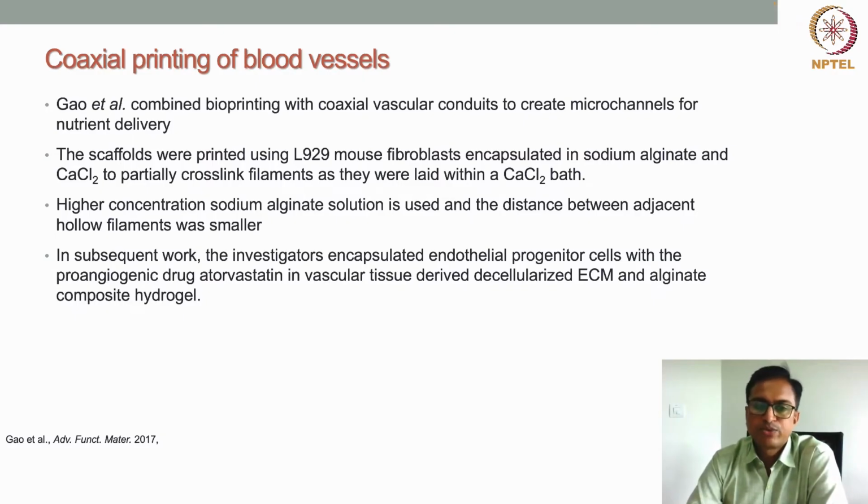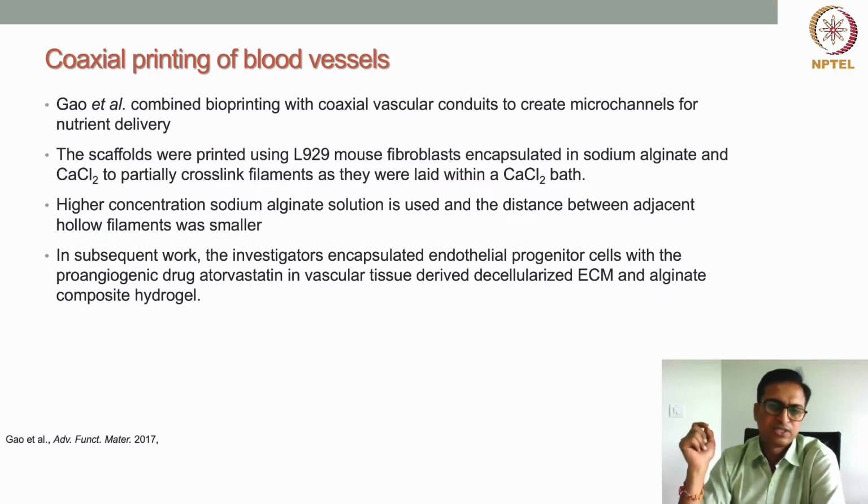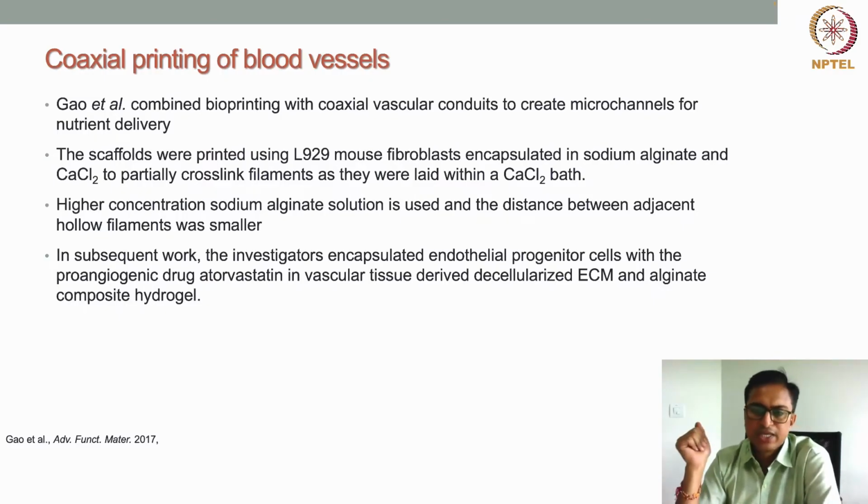In subsequent work, they also encapsulated endothelial cells, human progenitor cells, within the vascular luminal structure. They also loaded another drug that has some effect on angiogenic tissue development, with a disulfide structure and alginate composite hydrogel.